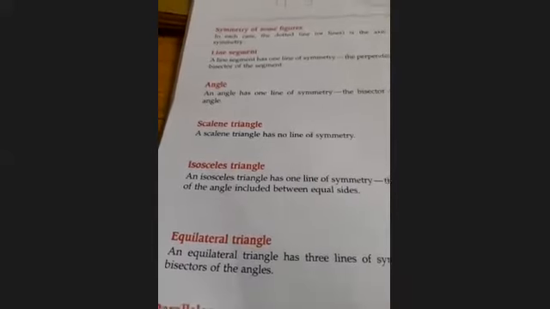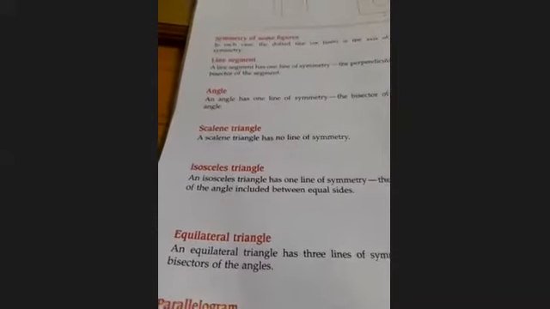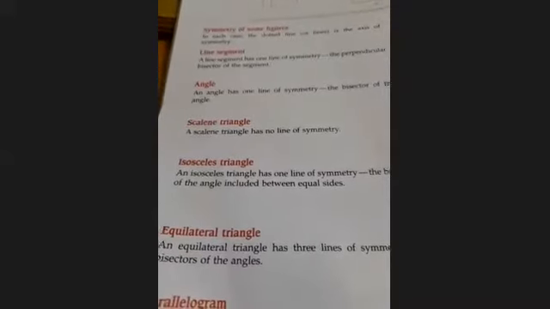Scalene zero, isosceles one, and equilateral three lines of symmetry. Clear, students?